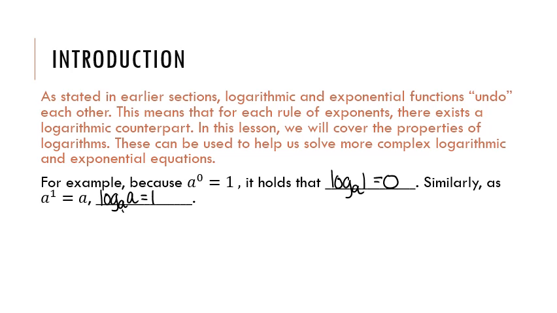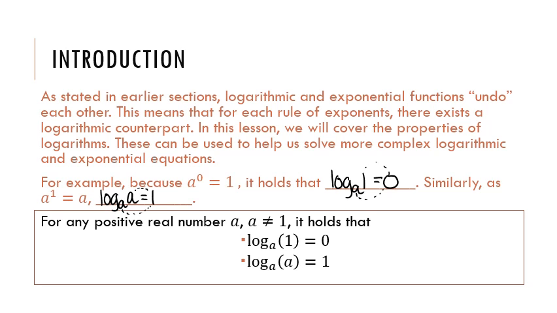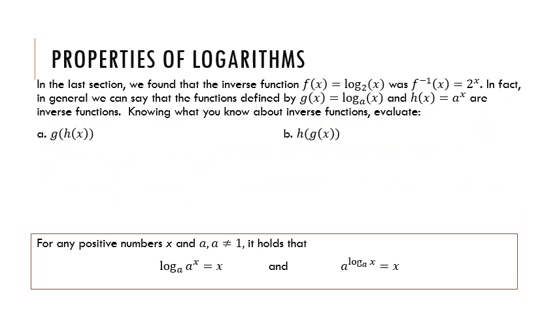And that's because a to the first power is always a. A to the 0 power is always 1. So to summarize, for any positive real number a, where a doesn't equal 1, it holds that log base a of 1 equals 0 and log base a of a equals 1. So those are your first two properties of logarithms.